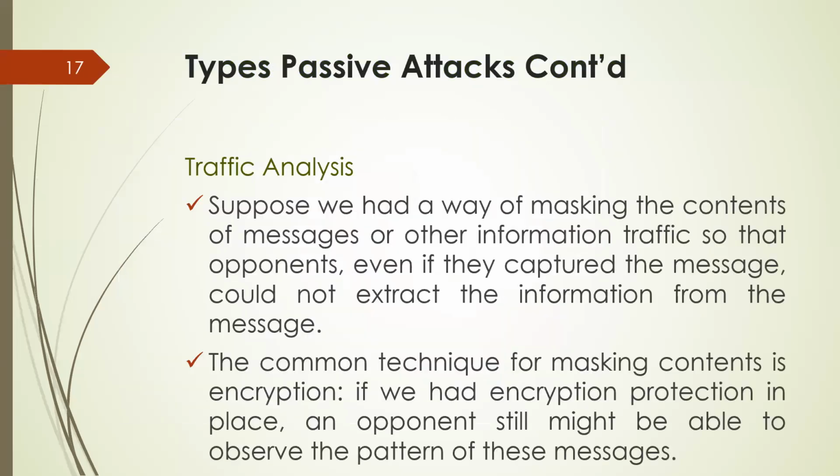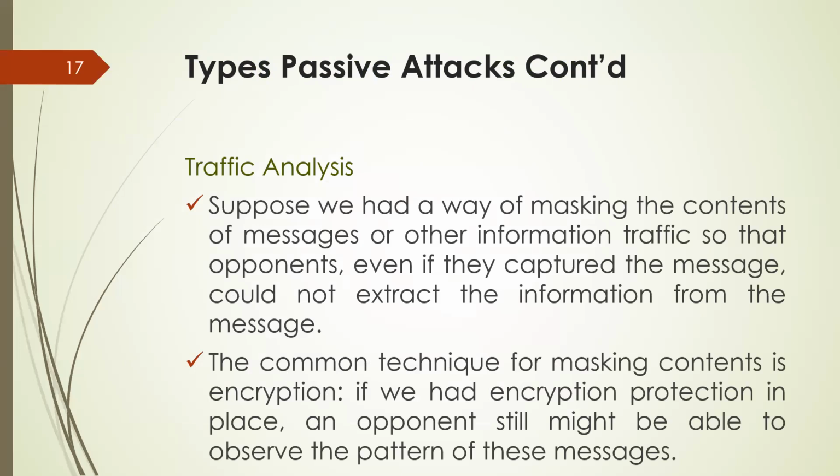The second type of passive attacks is the traffic analysis. Suppose we have a way of masking the content of messages and other information traffic so that the opponents, even if they captured the message, can't easily trace or track it. That is traffic analysis. This is one of the common techniques of masking or hiding content using encryption.